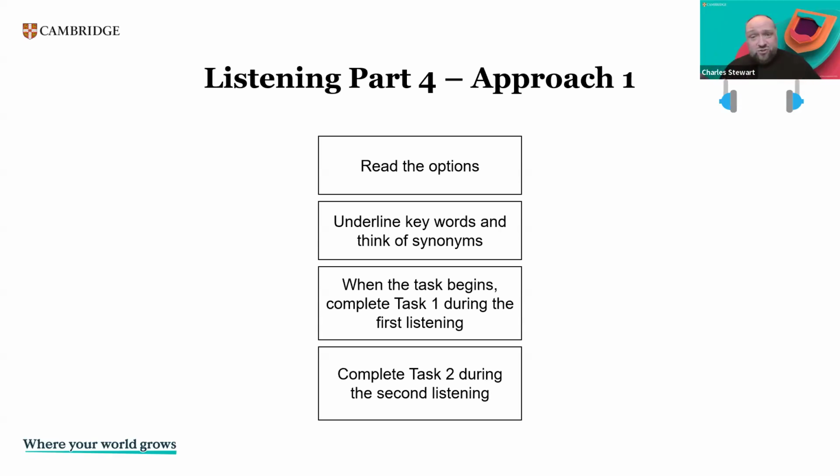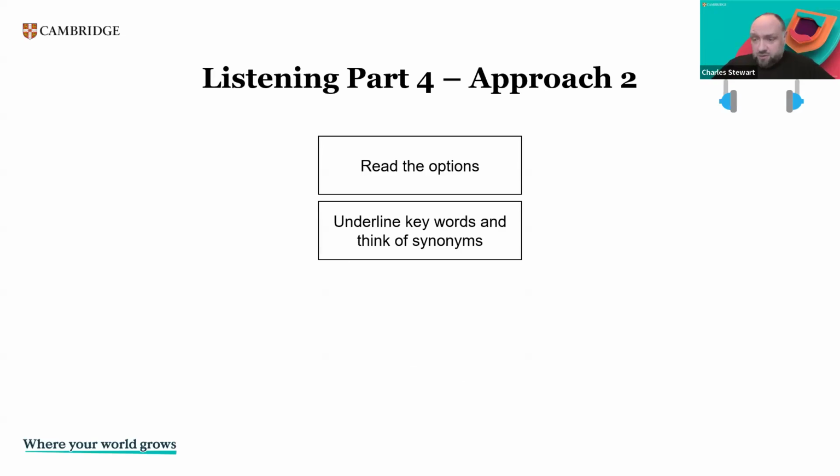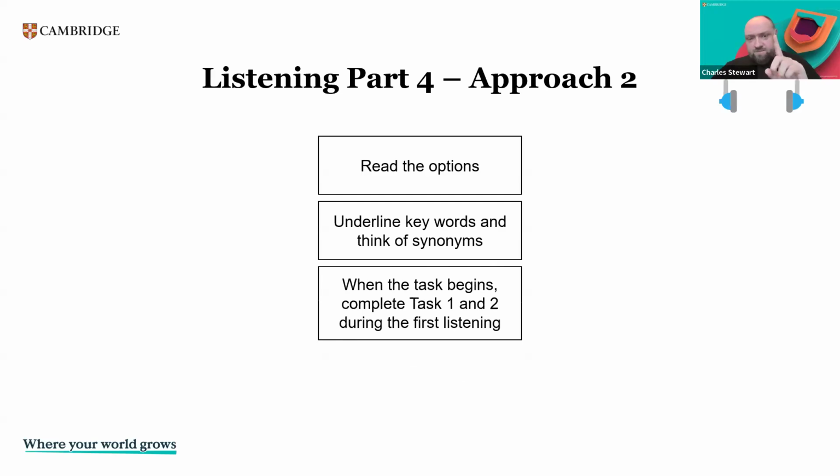However, a disadvantage to approach one is that you do not have time at the end where you're listening to the recording again in order to check your answers. So there's positives and there's negatives to this approach. Approach two, as you can probably guess, would be during the 45 seconds, read the options, underline the keywords, think of synonyms, and then the first time that you hear the recording, you do everything at one time.